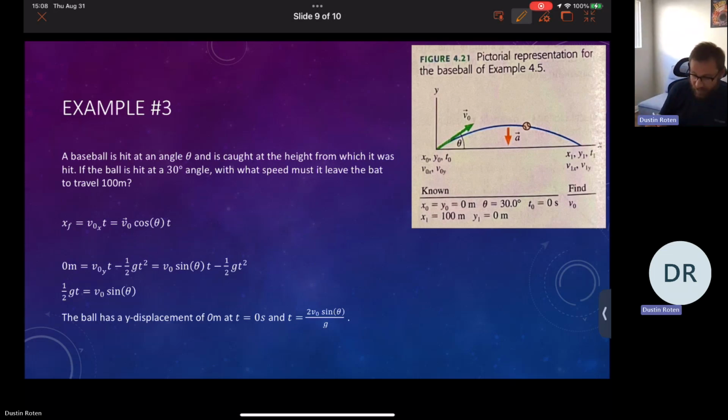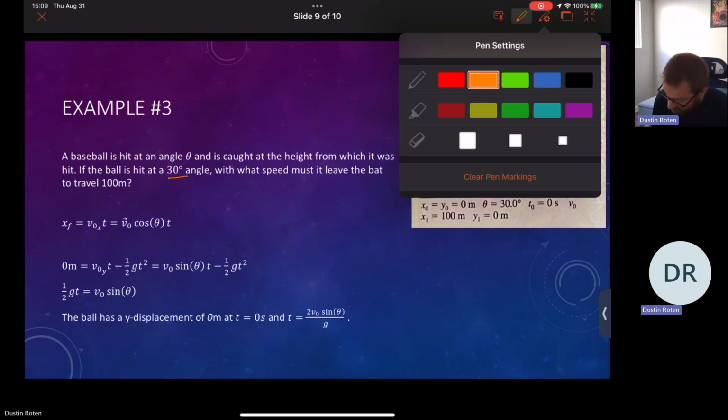All right. So if this ball is hit at a 30-degree angle, how fast does it need to go to actually travel 100 meters? So if we hit this thing at a 30-degree angle, I'm actually going to include that over here in the plot. What does our initial velocity, what speed does that need to be?